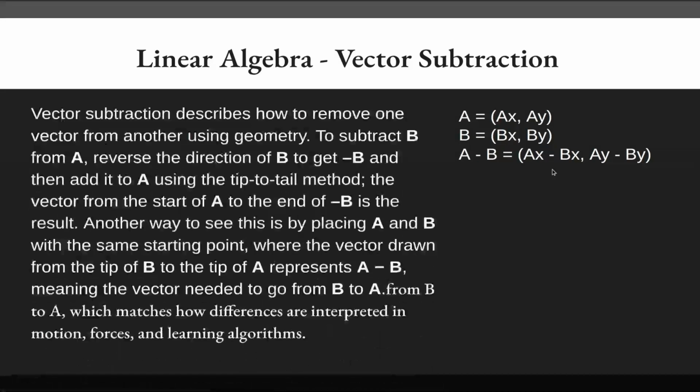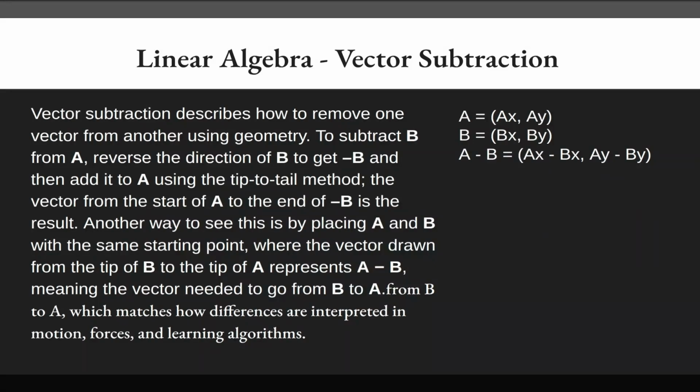So vector subtraction now describes how to remove one vector from another. Algebraically, we subtract component by component: ax minus bx and ay minus by.